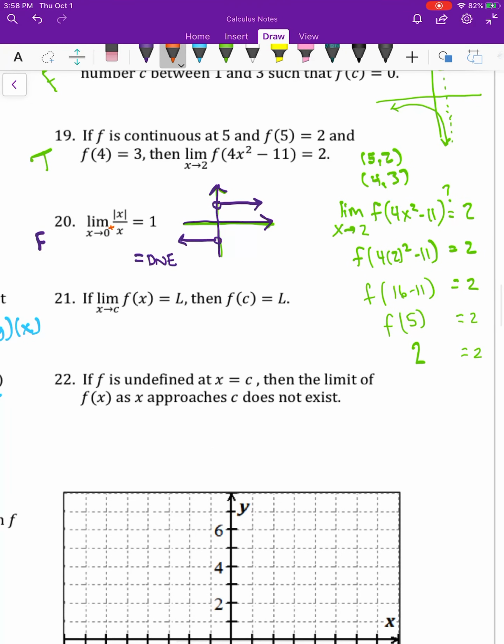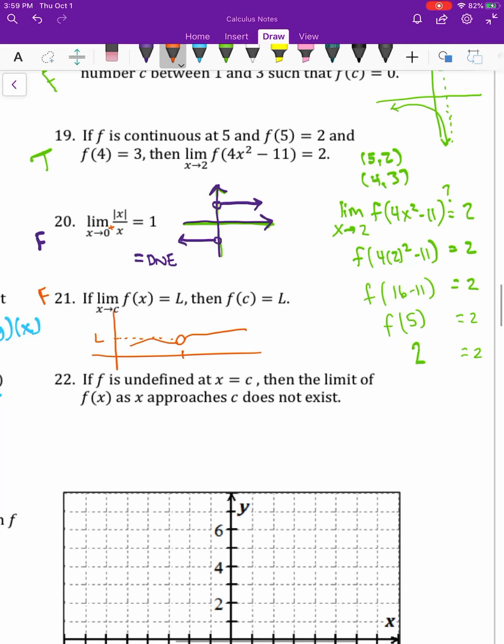All right, and then 21, if the limit as x approaches c of f of x is L, then f of c is L. Well, this is going to have to be false because you know and I know that if it is an open circle removable discontinuity, then you could have, I'm going to just put an xy axis on here. I'm going to follow this over.